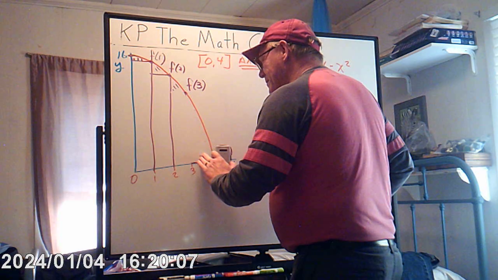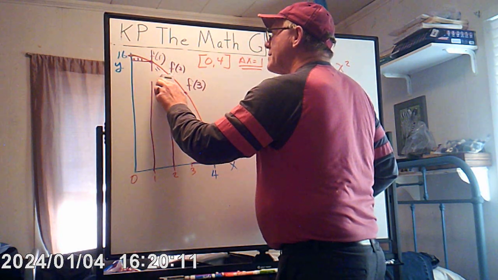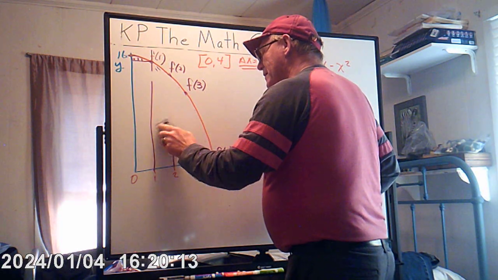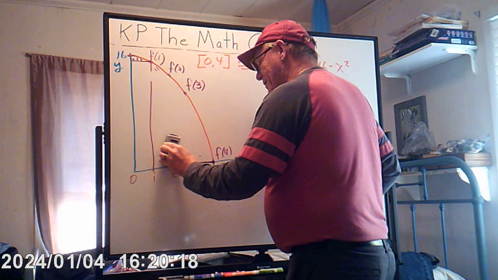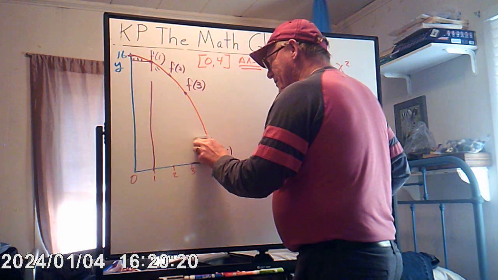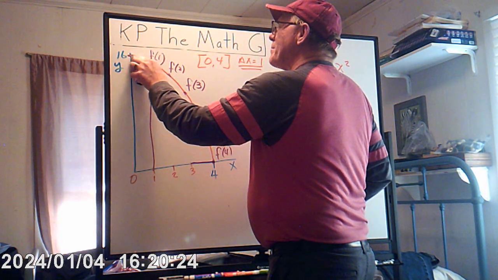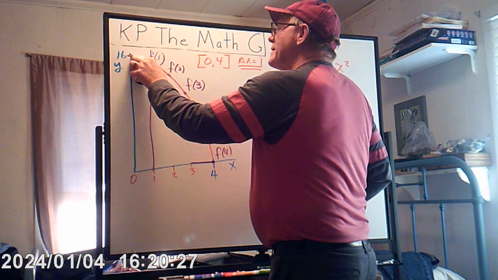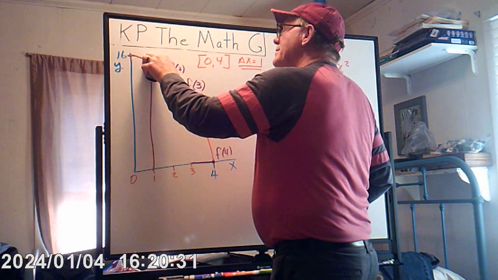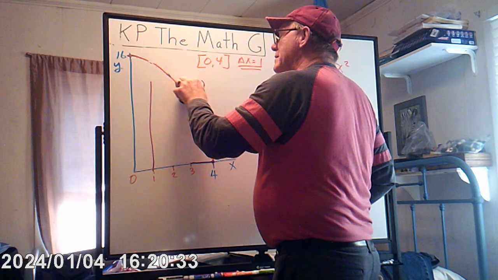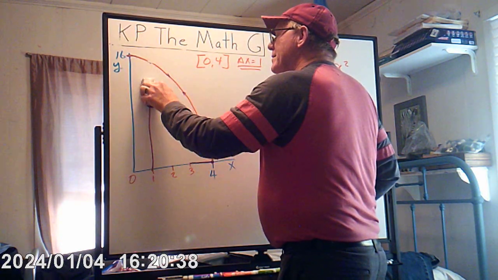Bear with me, please. I appreciate your patience. I appreciate you watching the video. That's very nice of you, and being patient with me above all things. Okay, there we go. Let's erase this F1, F2, F3.